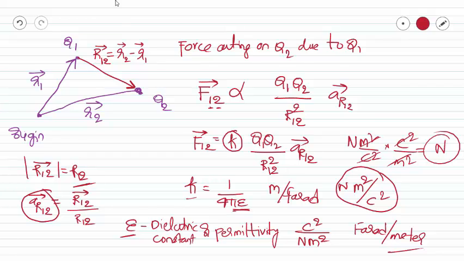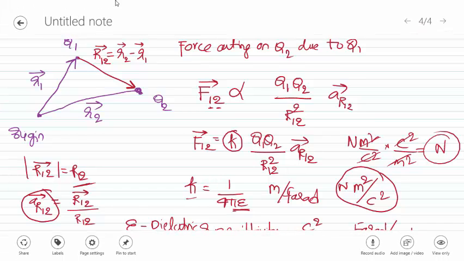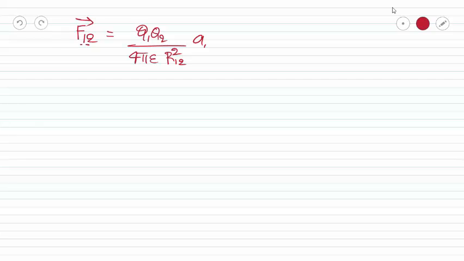Okay, right. So now let us substitute the proportionality constant here to write down the final expression of the force. What we got finally is the force acting on 2 due to 1 is given by Q1 Q2 by 4 pi epsilon R12 square, a R12 bar.